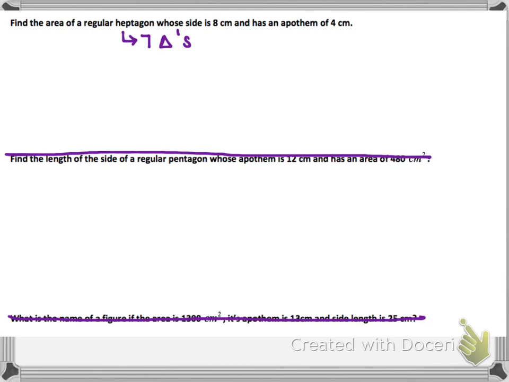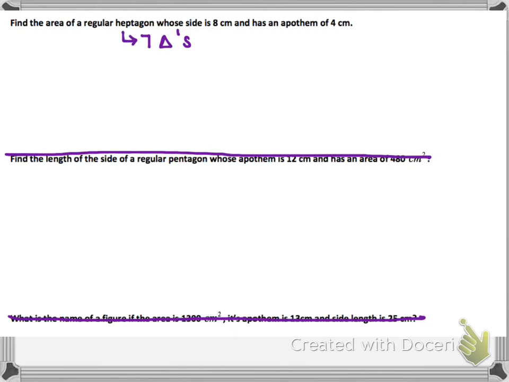Maybe we can draw this. 1, 2, 3, 4. Nope, not gonna happen. That looks terrible. Anyways, I'm going to have 7 triangles, right?